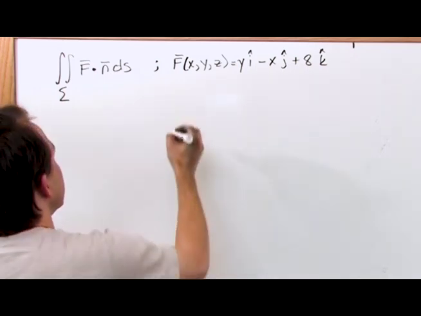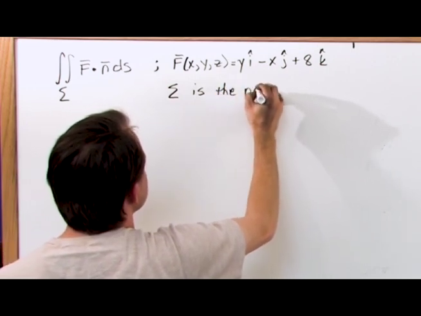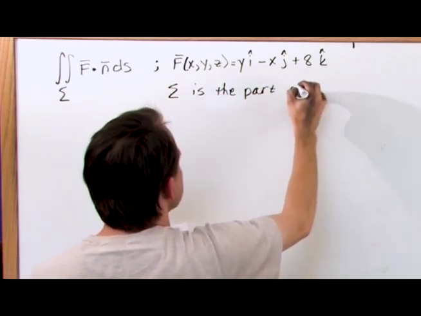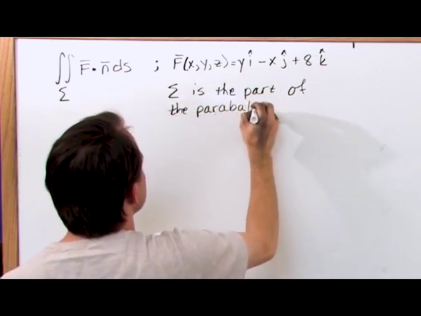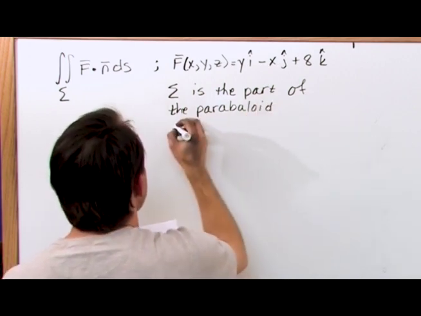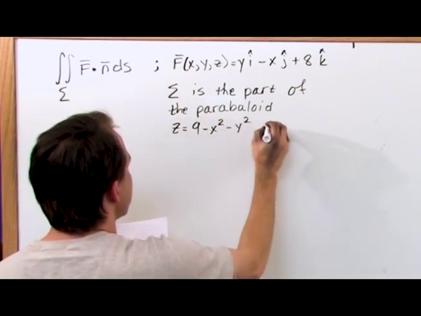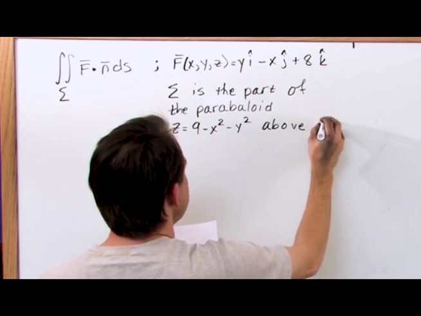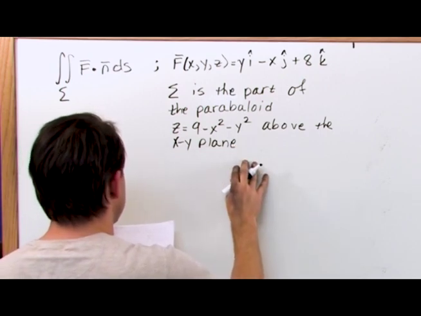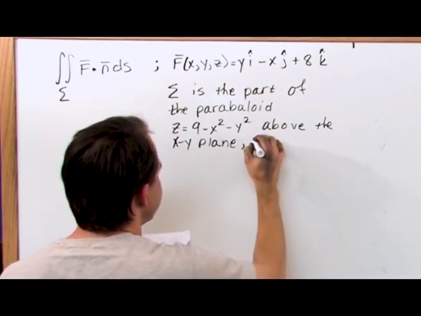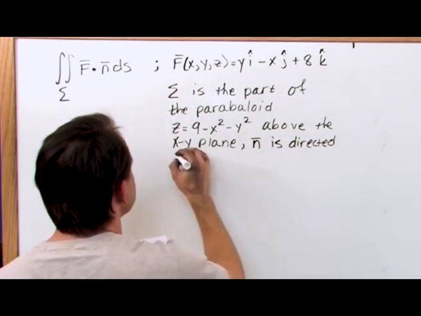and that surface, sigma, is given in the problem as the part of the paraboloid z is equal to 9 minus x squared minus y squared above the xy plane, and it's also telling me that the vector n is directed up.